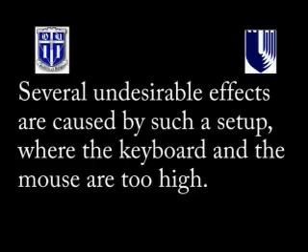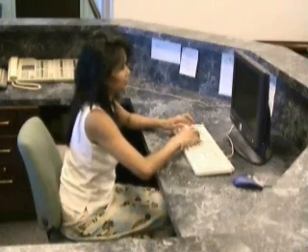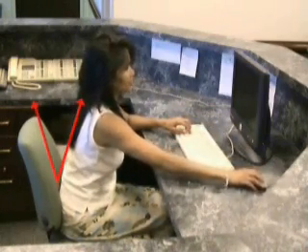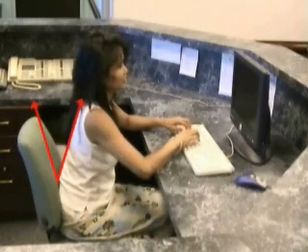Several undesirable effects are caused by such a setup, where the keyboard and mouse are too high. The body leans forward in the chair, losing the support of the backrest. Notice the loss of support due to the gap between the chair and the back.